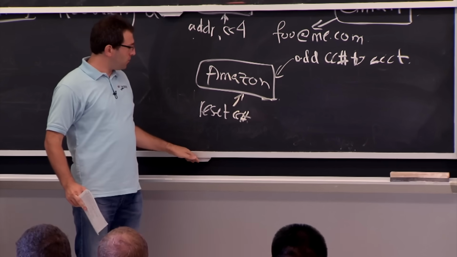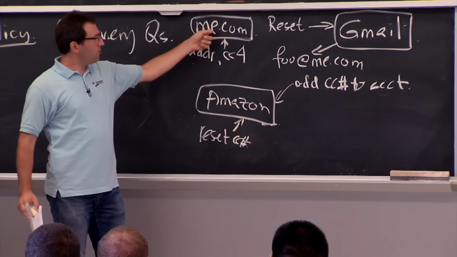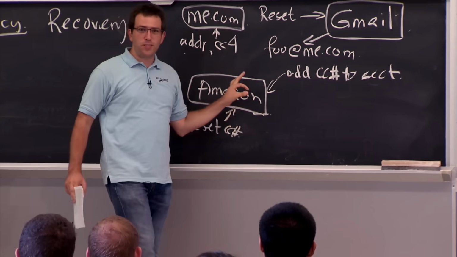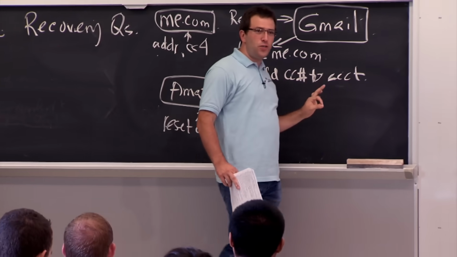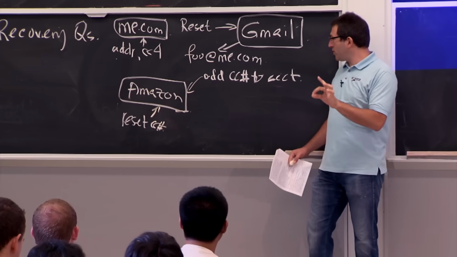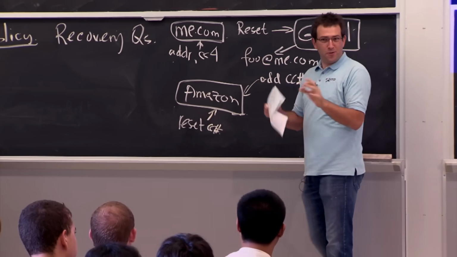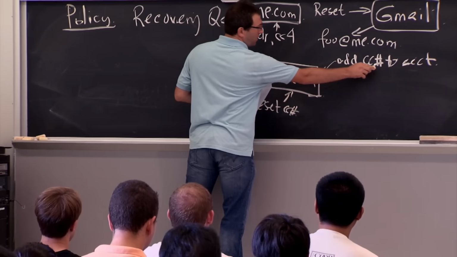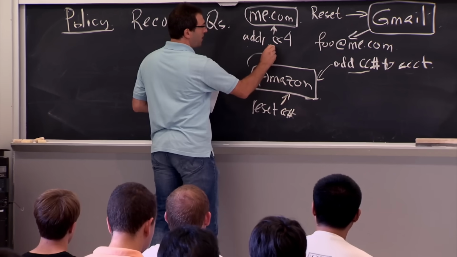But OK, how do you fish out the credit card number for resetting Apple's site? Well, Amazon is actually very careful. Even if you break into someone's Amazon account, it will not print you the saved credit card numbers from that person. But it will show the last 4 digits, just so you know which credit card you're talking about. So you can list all the credit cards other than the one you added. You can then go and break into me.com.